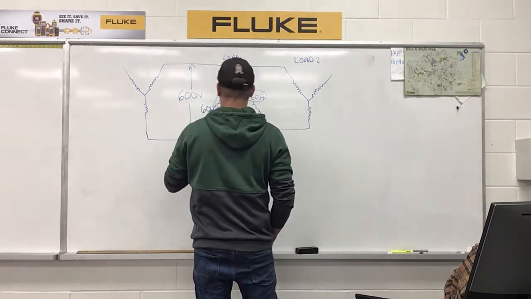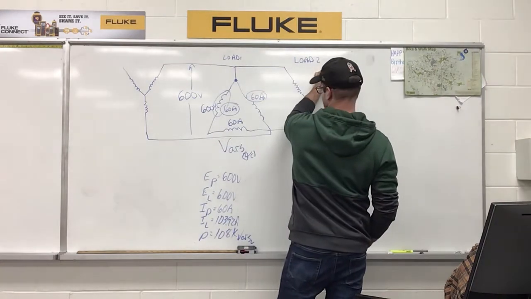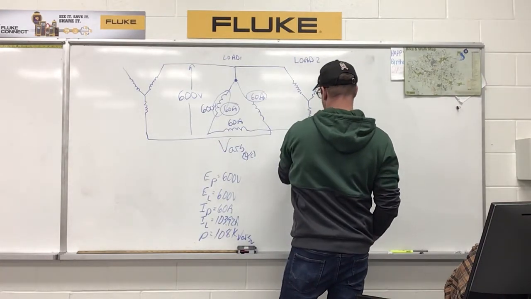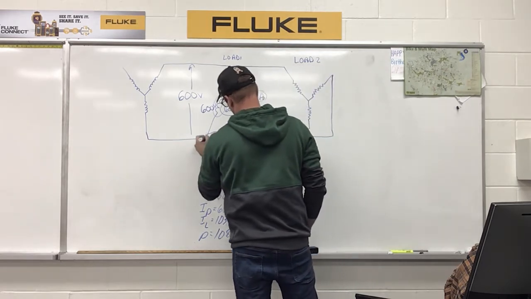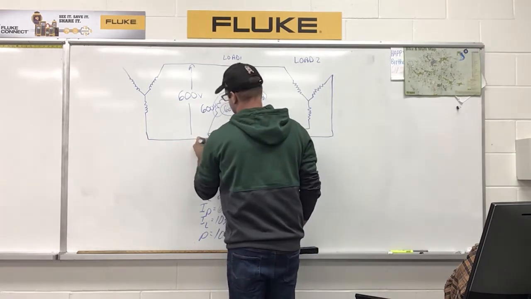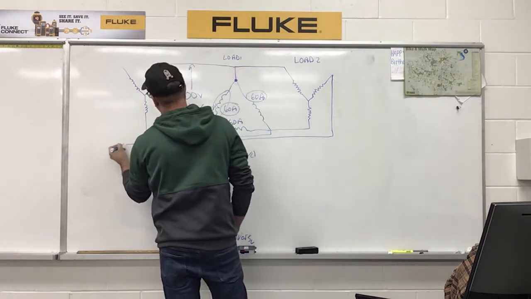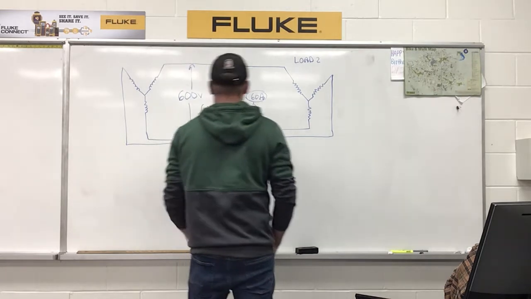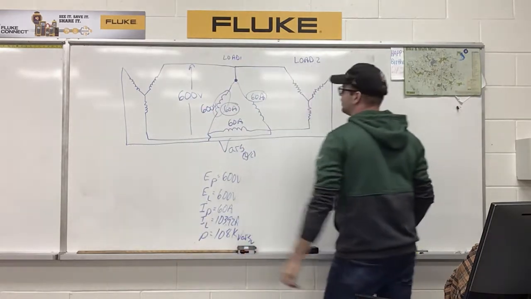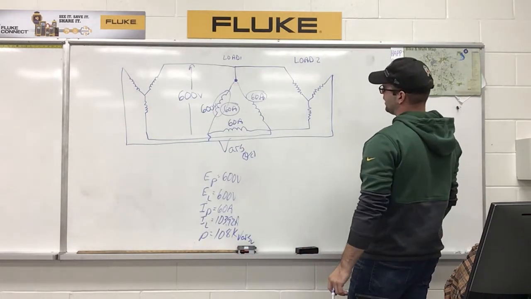What I will end up doing later, once you guys are a little more familiar with these drawings, I'm not going to draw all the lines in anymore. They aren't required, but for now, I'll just keep those in the circuit.